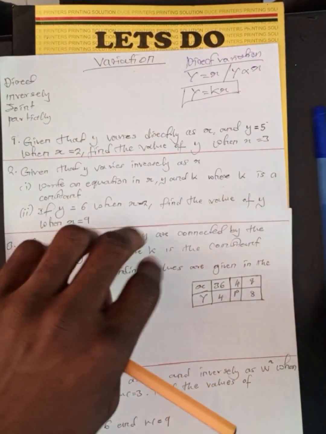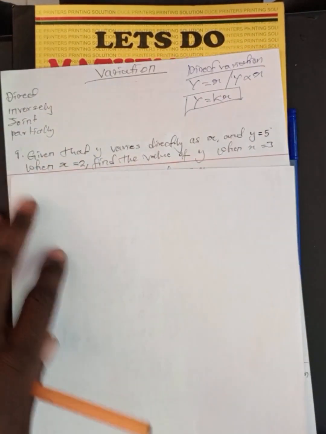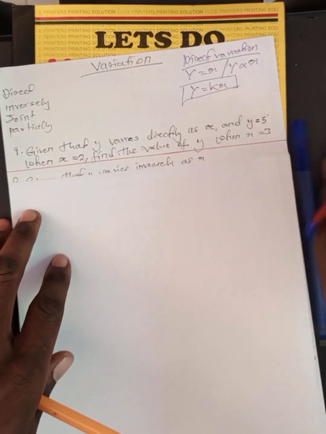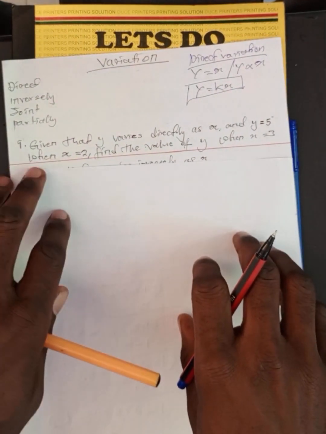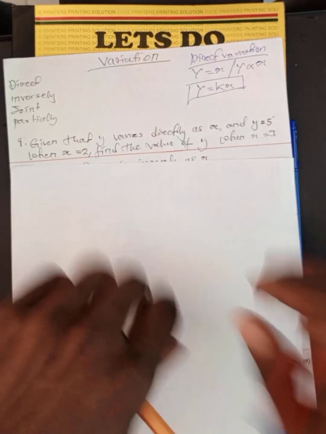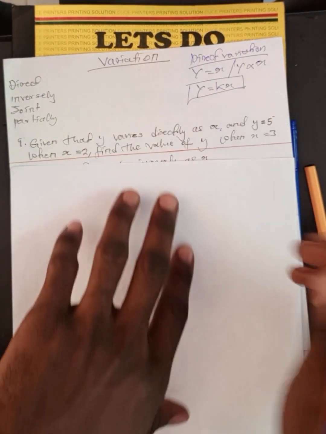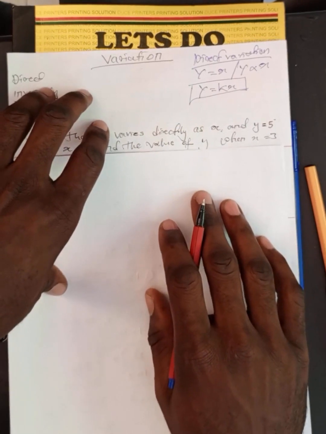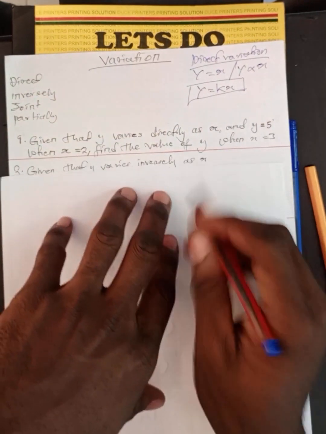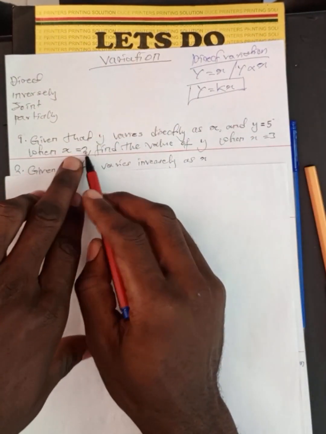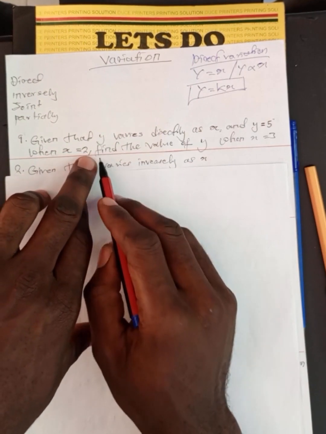So here we have the question, which is saying, given that y varies directly as x and y is equal to 5 when x is equal to 2. Before you proceed, you have to look at the data that you have. You have the first data, which is ending from here, and then the second data is starting from here to here.